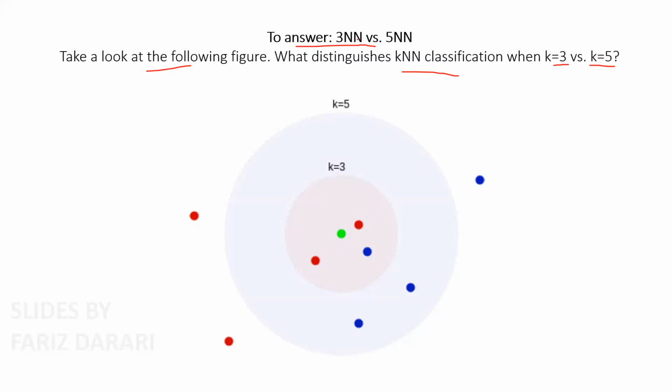I got one answer, but I'm not sure if it's the correct one, because it's actually k equals 3 versus k equals 5, not 6.